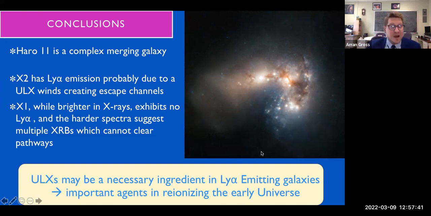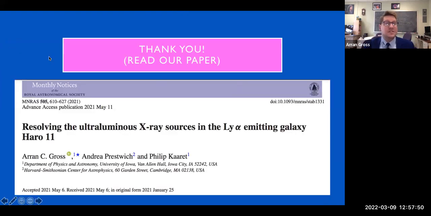And that might be the major ingredient in these early galaxies, allowing for the epoch of reionization. I know that was a very, very broad overview, but if you are curious, this paper is in press and I invite you to read it.